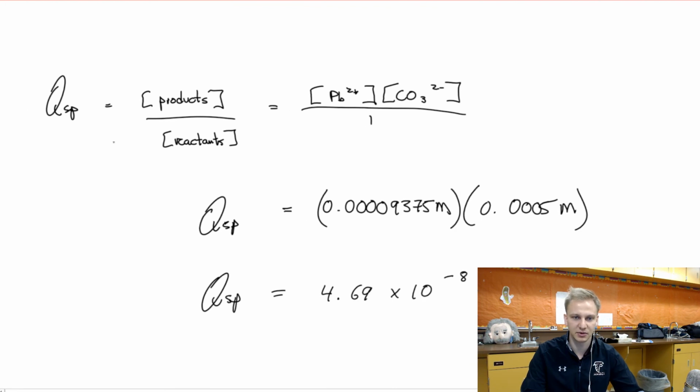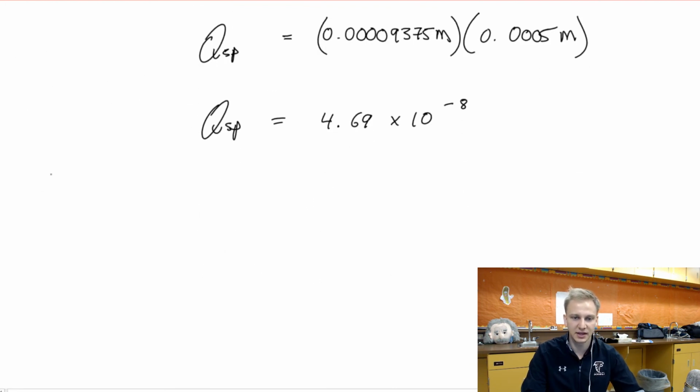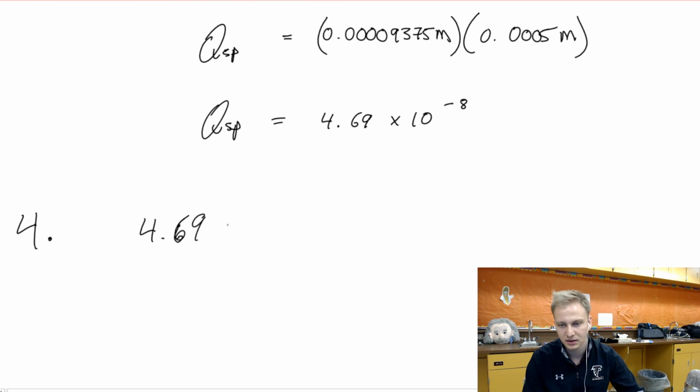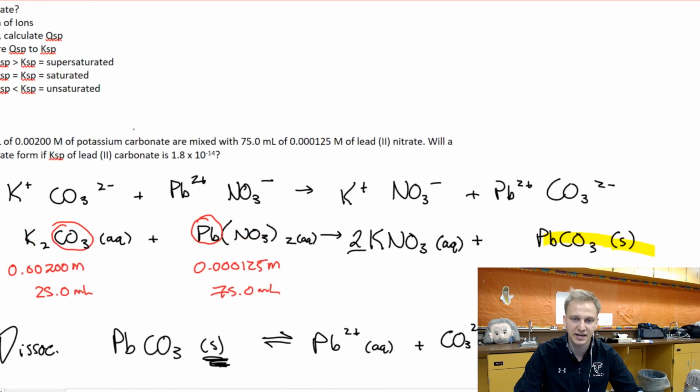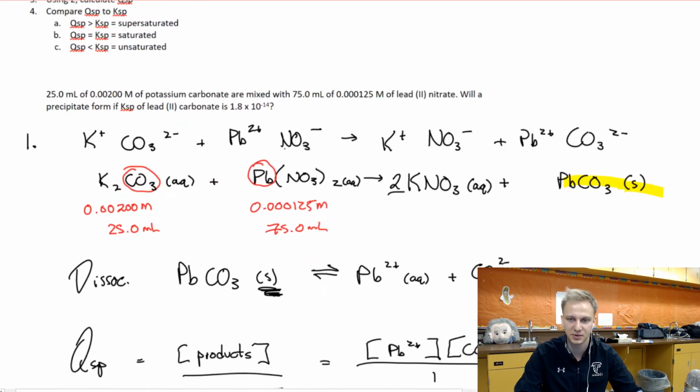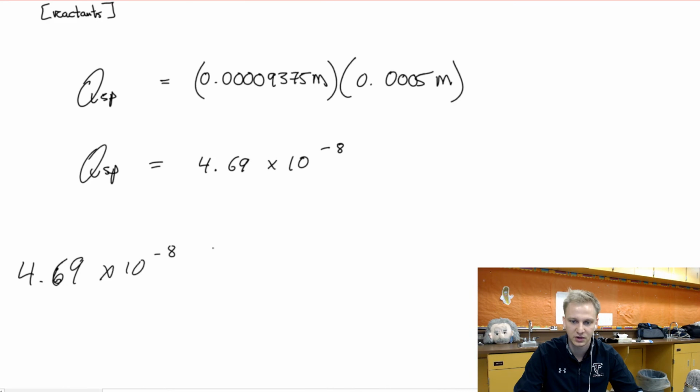This is step number 3, using those dilutions. We solved for QSP. The last thing we want to do is compare that to KSP. So 4.69 times 10 to the -8. We want to know if that's a bigger or smaller number than the initial KSP we were given, which was 1.8 times 10 to the -14.